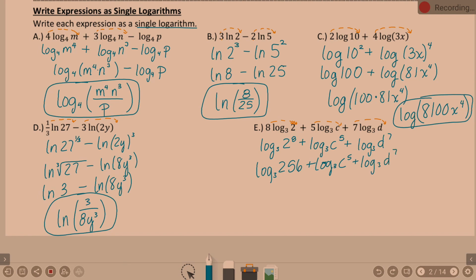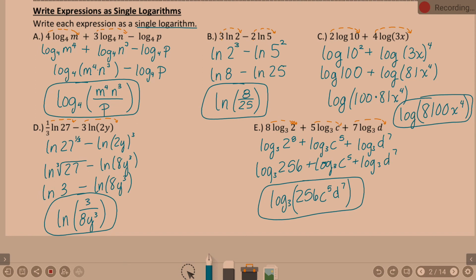Rewrite them as 1 log where the insides are being multiplied. Can you do 3? Yeah. Doesn't work that easy with division, but it does with multiplication. So log base 3 of 256, c to the 5th, d to the 7th. You could get away with or without the parentheses there as long as you're careful and you make it all one piece. Okay?